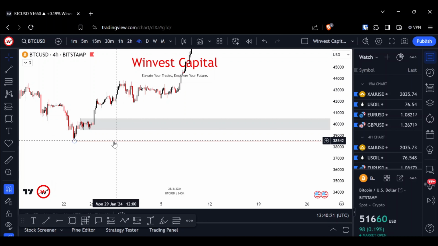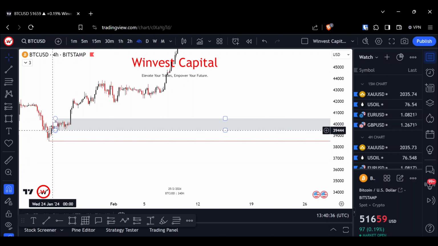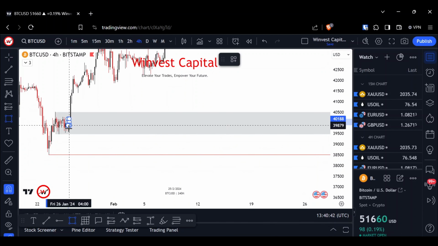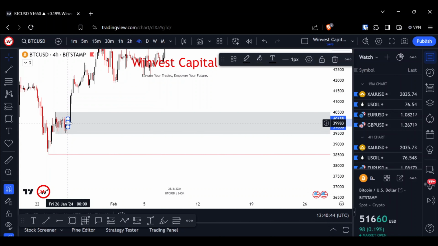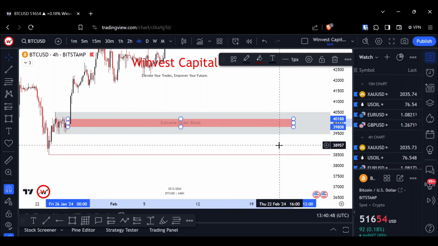And to refine it a little bit, we can see that this is an inside bar from this candle. It got mitigated by this candle right here. That is an inside bar. You really have to train your eyes with this, guys. But this would be our next valid extreme order block.